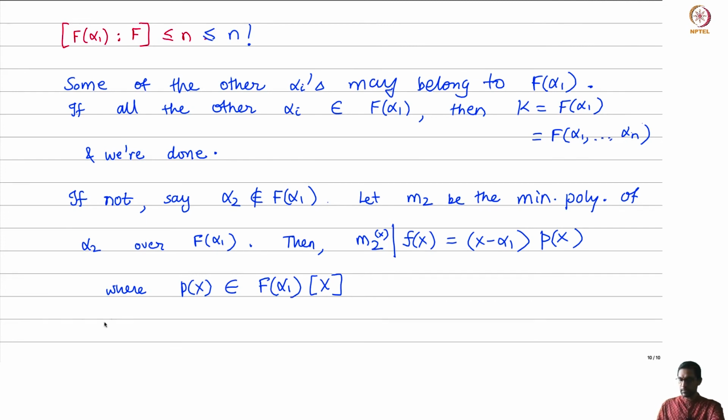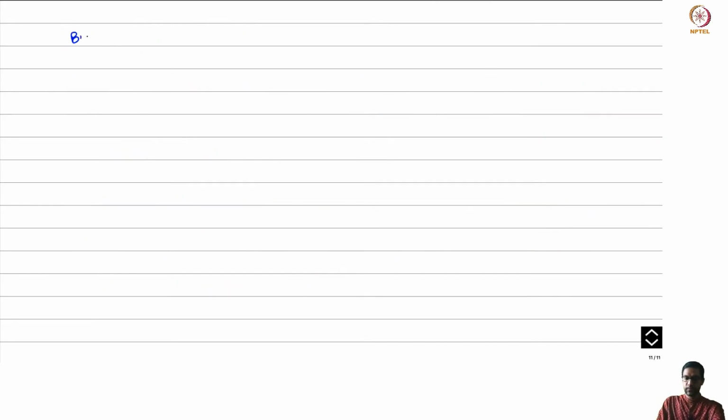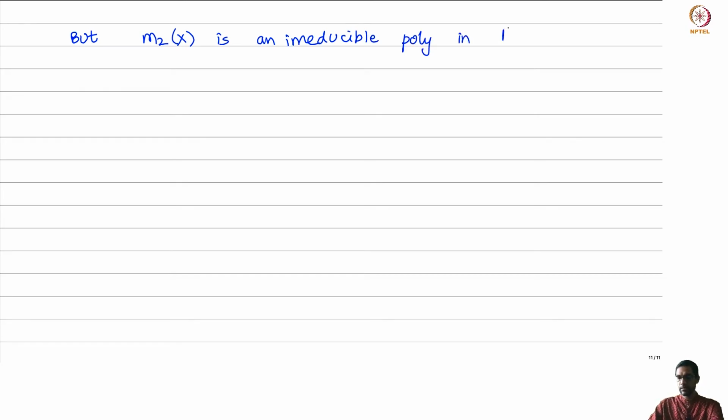But now observe that m2 is an irreducible polynomial because it's a minimal polynomial, in this ring F(alpha 1)[x]. Here is an irreducible polynomial which divides a product of two polynomials, x minus alpha 1 into p of x.